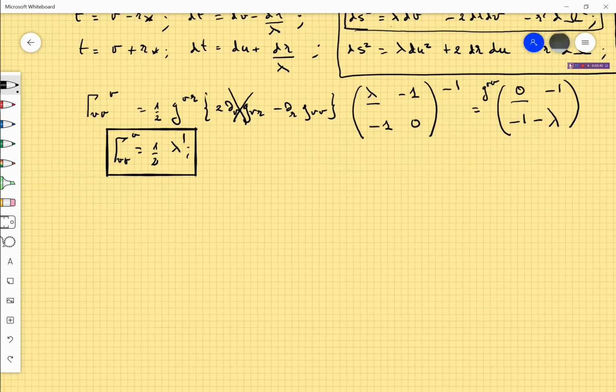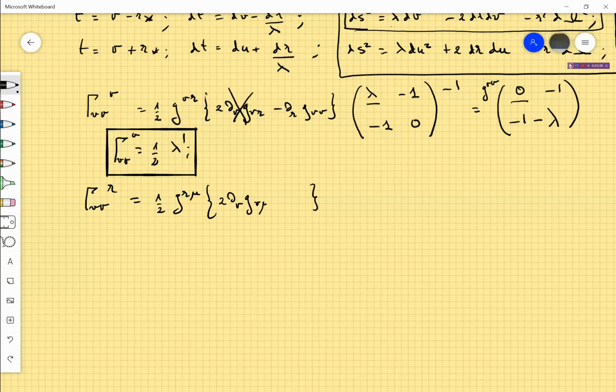Next, we have to compute gamma VVR. This is GR mu, and again 2 times delta VGV mu minus d mu GVV.